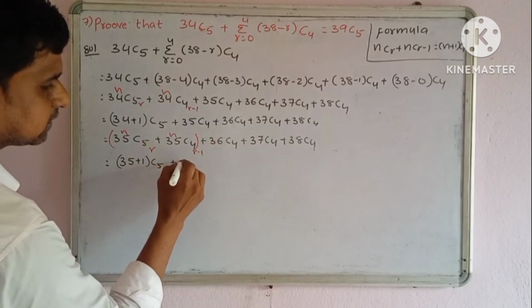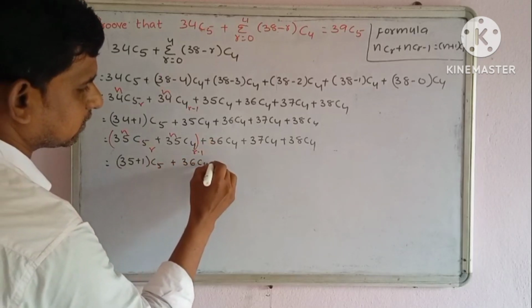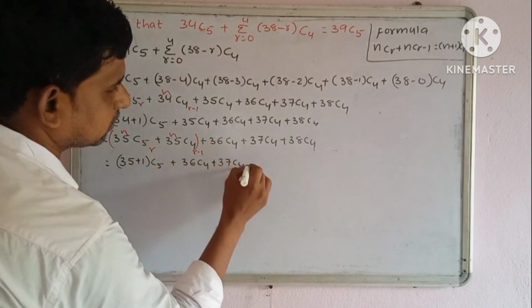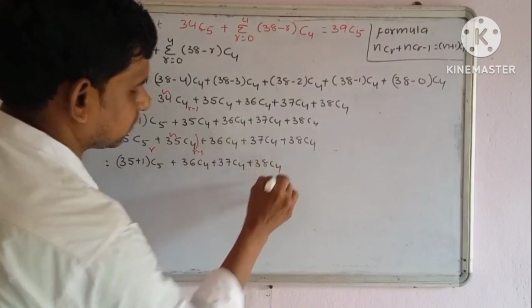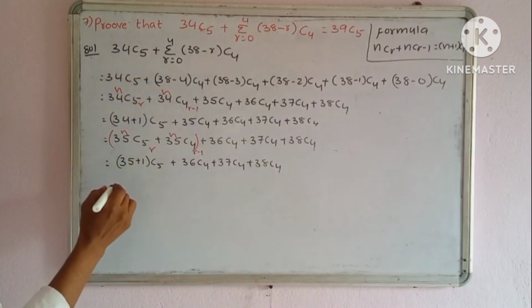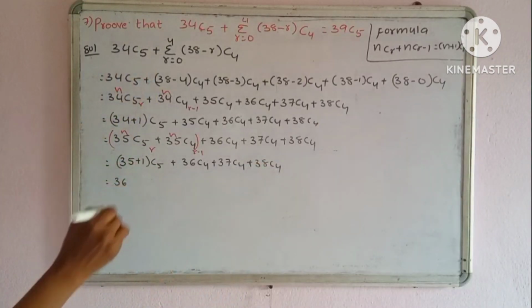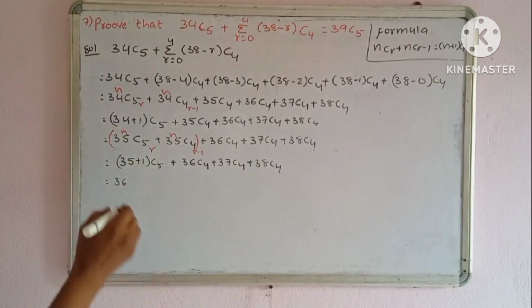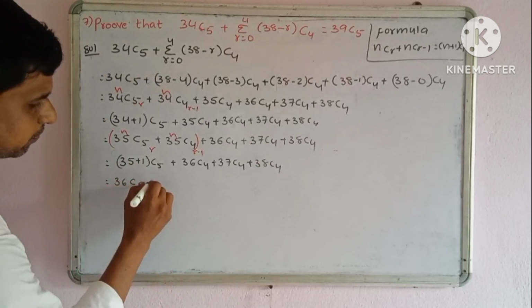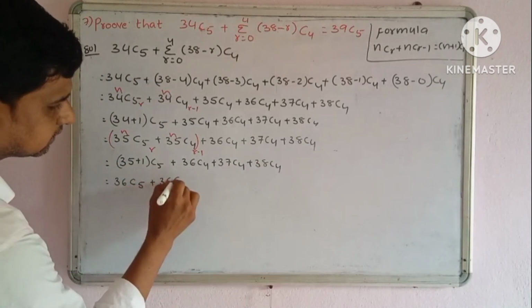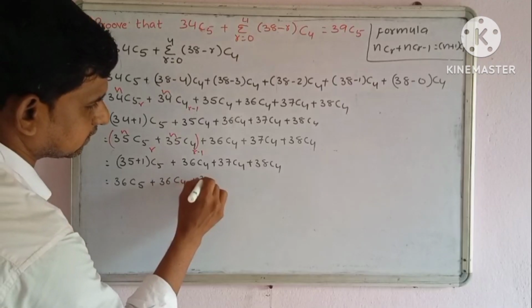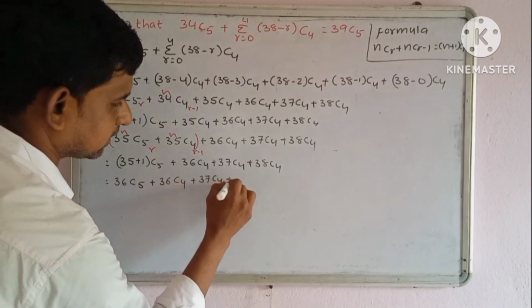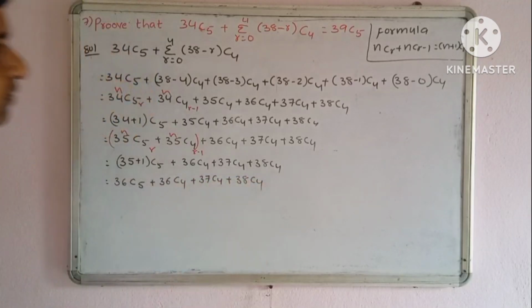Next, plus 36C4, 37C4, 38C4. 35 plus 1 is 36, so 36C5 plus 36C4 plus 37C4 plus 38C4.